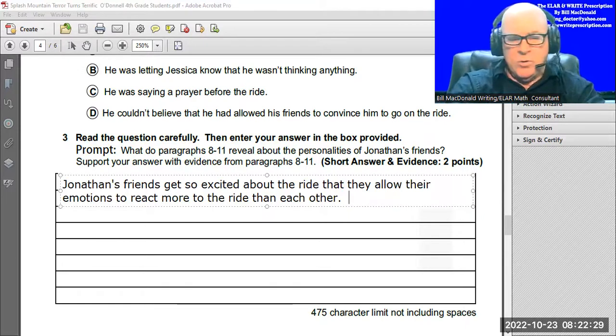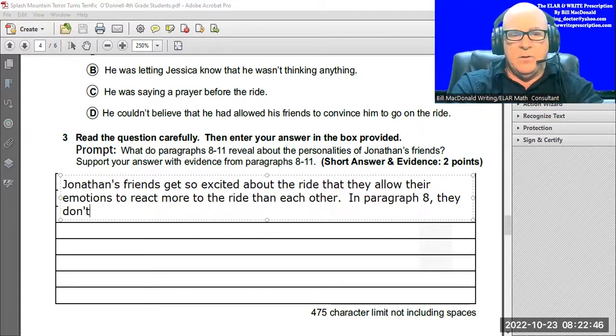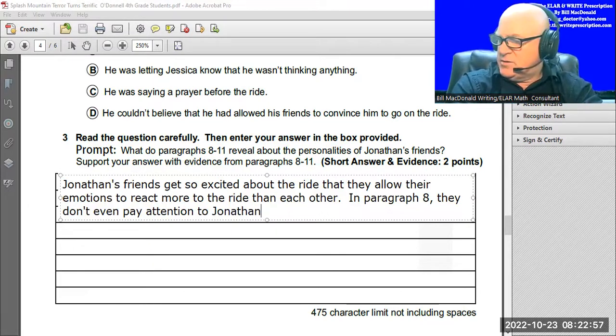So then I'm going to go look at my evidence that I wrote. I'll start simple. In paragraph 8, comma, they don't even pay attention to Jonathan. Notice that's me paraphrasing, because they are so, and I could use any word that I want.